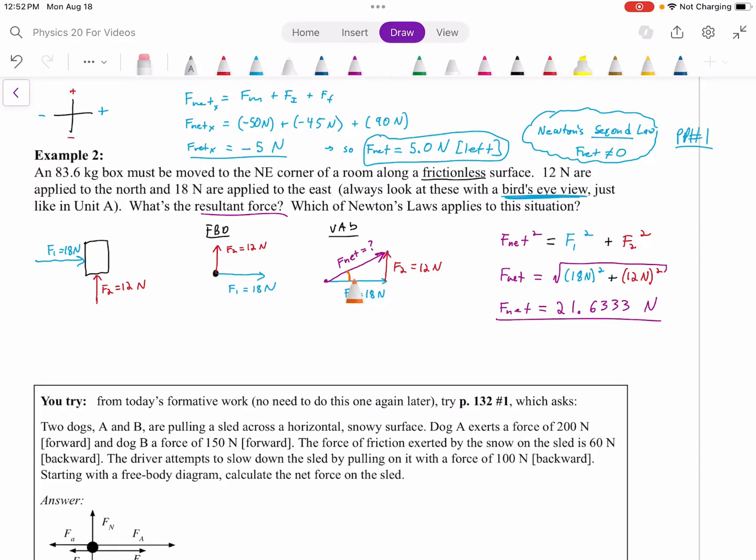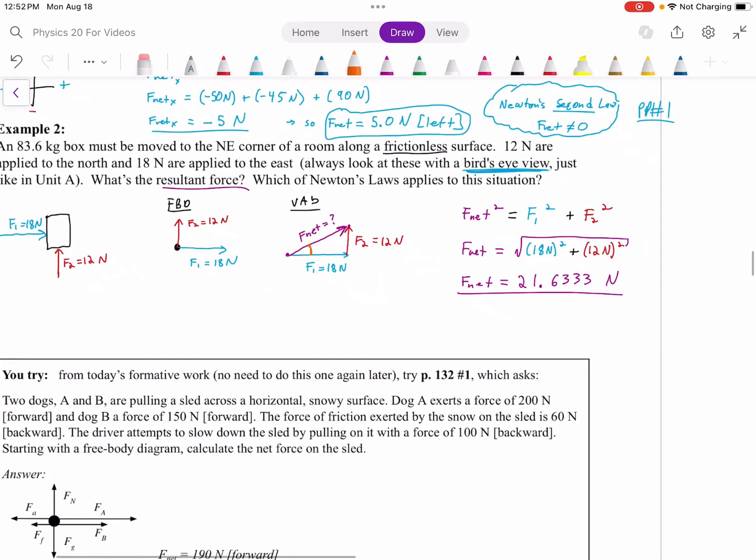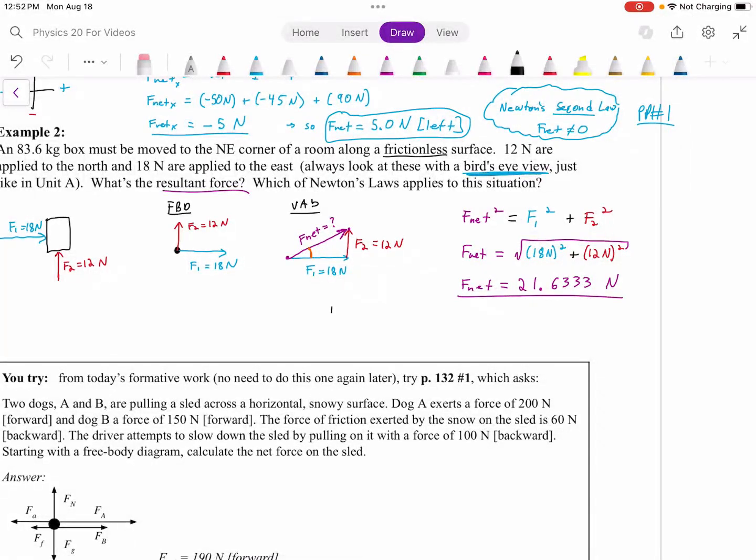If I can find that angle, I can use it along with north and east to describe what direction this vector is pointing. So we technically have all three sides now, but I like to use the sides they gave us just because we're a little more confident in those. We have opposite and we have adjacent. What could we use? Tan. We could use that the tan of our angle is equal to the opposite side, 12 newtons, over the adjacent side, 18 newtons.